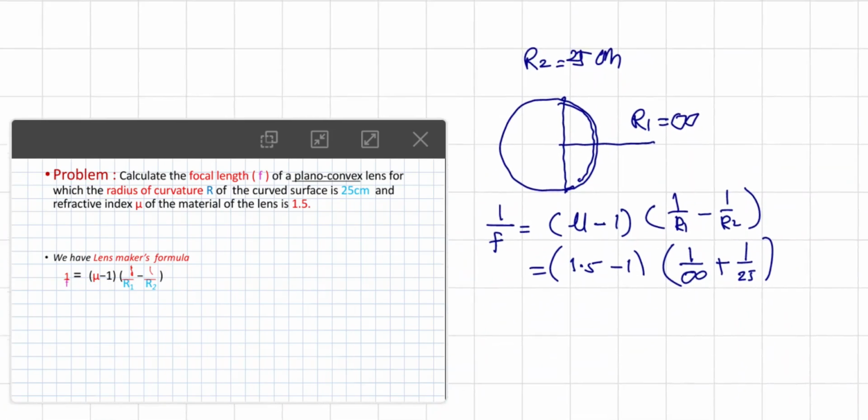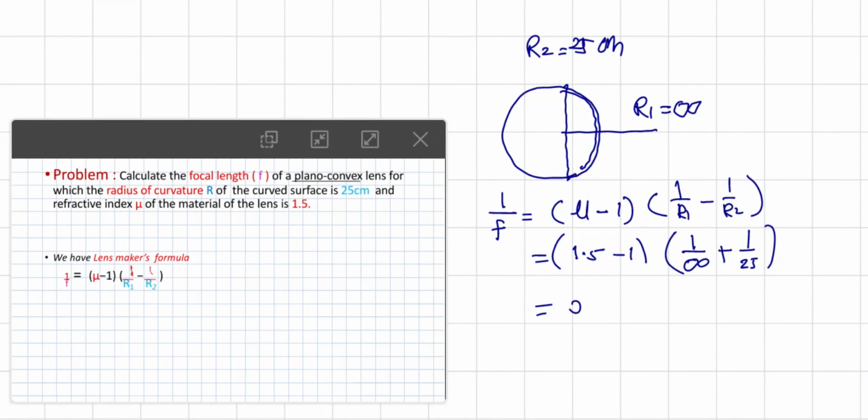So here you get 0.5 into 1 upon 25. So finally the value of f is equal to 50 centimeter. So this way you can solve the problems.